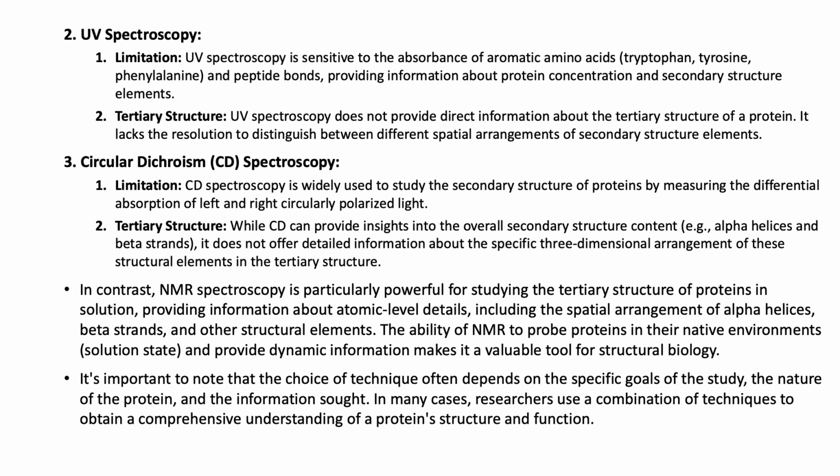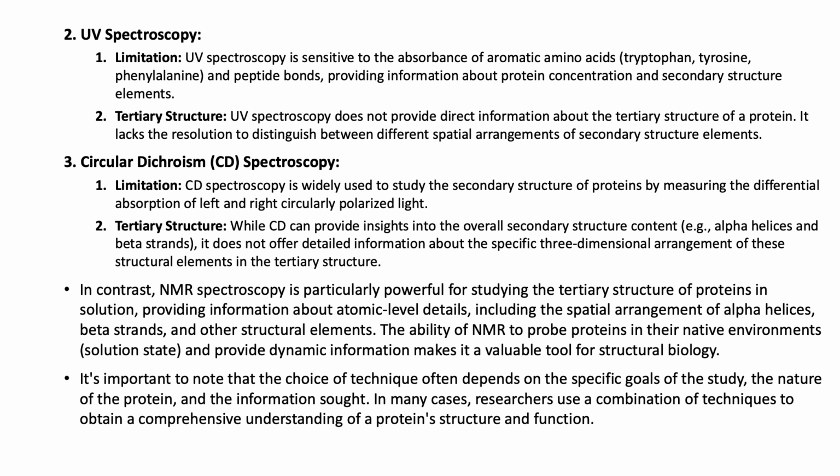So based on the CD spectrum readings, we would get to know the secondary structure of the protein. While CD can provide insights into the overall secondary structure content, it does not offer detailed information about the specific 3D arrangement of these elements in the tertiary structure.